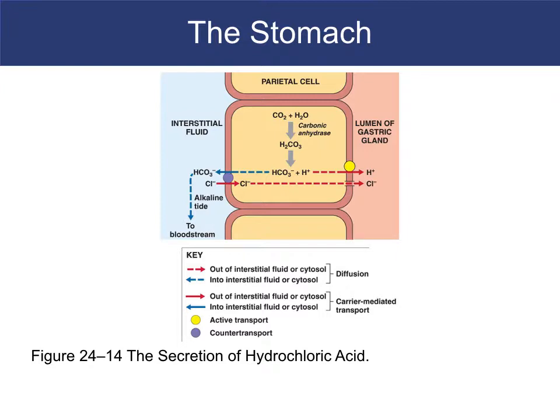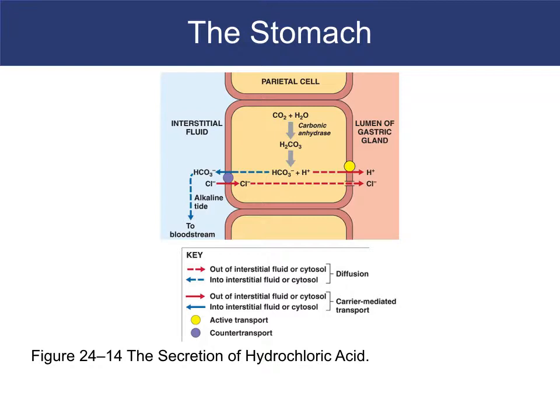How does the body make hydrochloric acid? Well, it's complicated. It's not that complicated, but I just want to show you this, and I think you should study this on your own. I think this is not something I can present to you in a minute and a half. But this is a picture of the wall of the stomach right here. These are the parietal cells here in the wall.